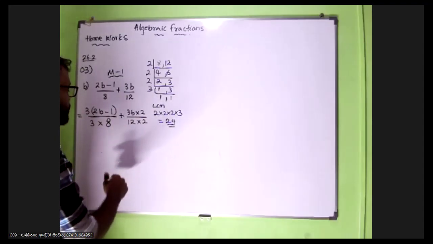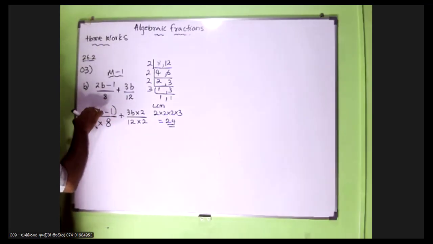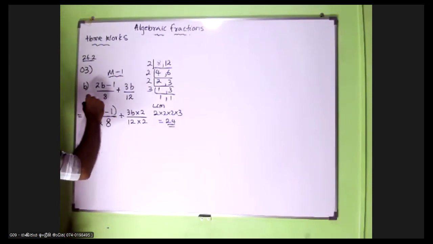But here in the numerator I have an algebraic expression, so I bracketed it and did the multiplication in front of that. It will be easier to simplify the bracket.